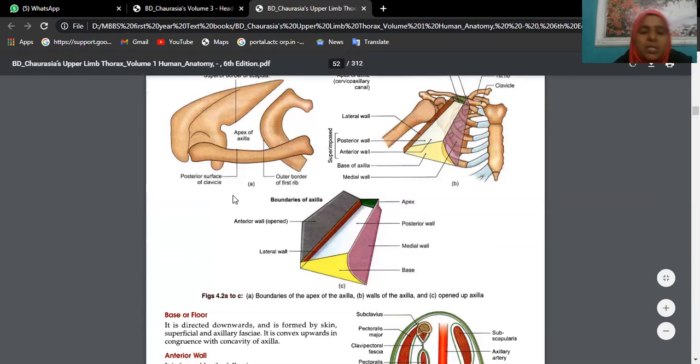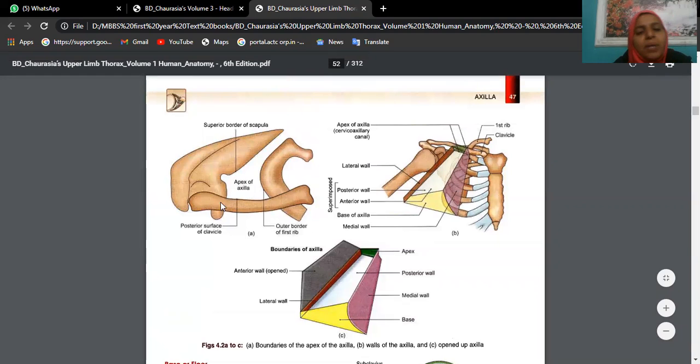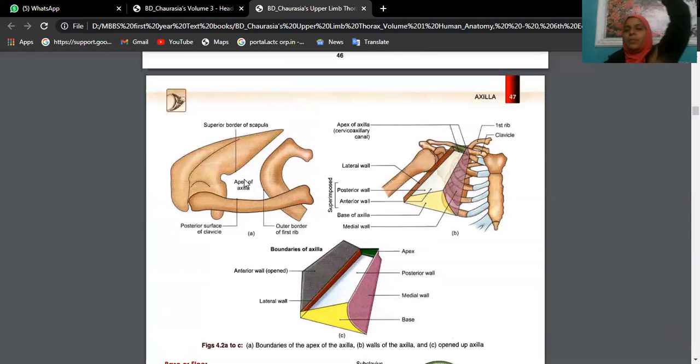So we have boundaries for the apex also. Anteriorly we have the middle one third of the clavicle, medially the outer border of the first rib, and posteriorly the superior border of the scapula. This is the apex. The base is formed by skin, where a lot of hair, sebaceous and sweat glands are there.